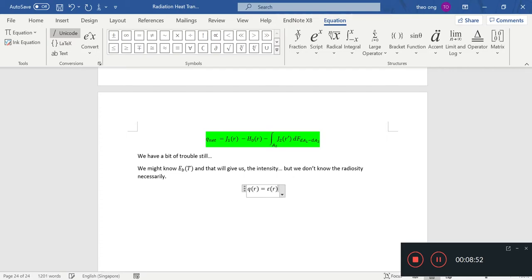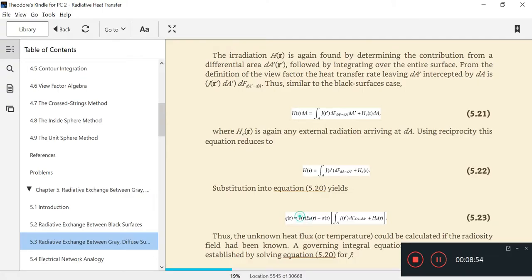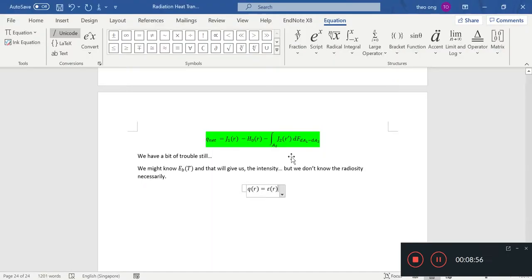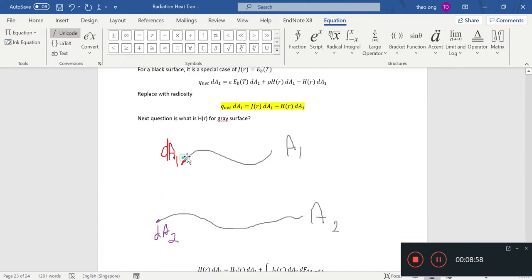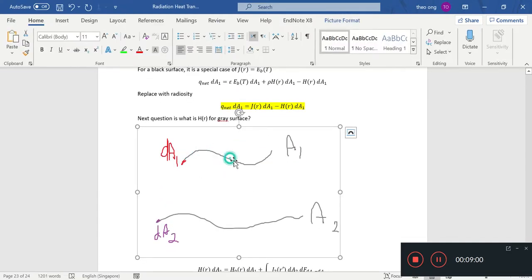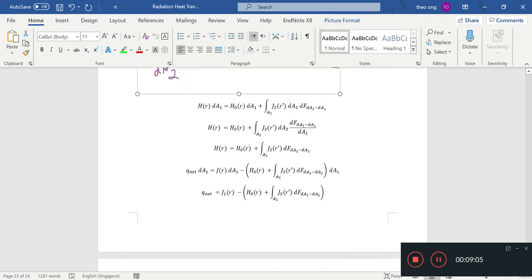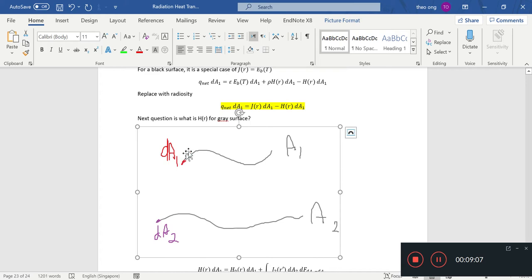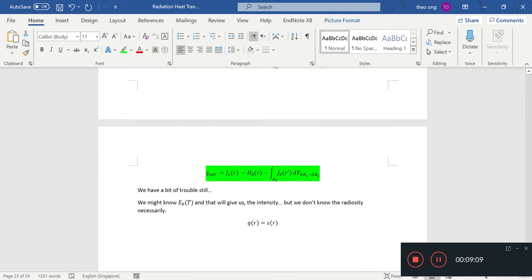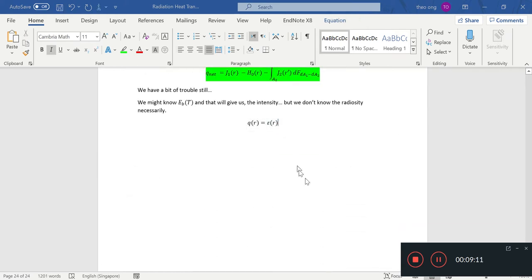Okay, so why is there an r here? Well, that assumes that the emissivity varies along this A1 here. In general, it might, but we can of course assume uniform emissivity throughout as well. That's another assumption we have to make if we want to simplify the calculations. But for now, I'm just going to leave it as such.